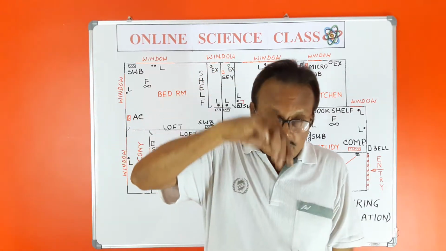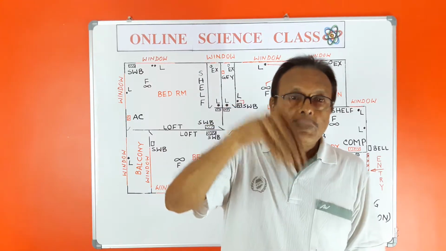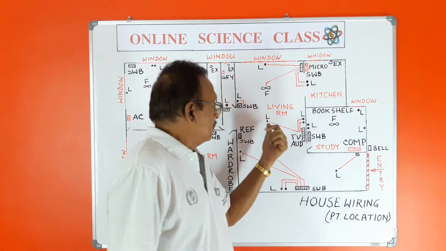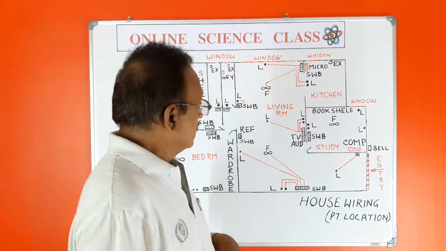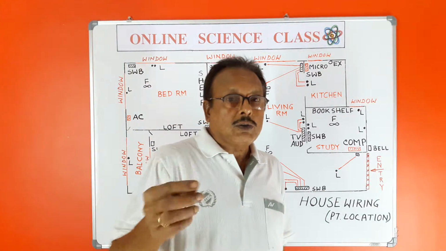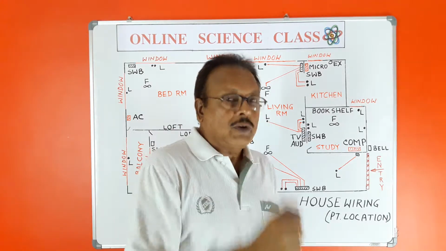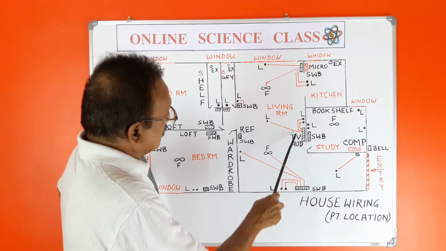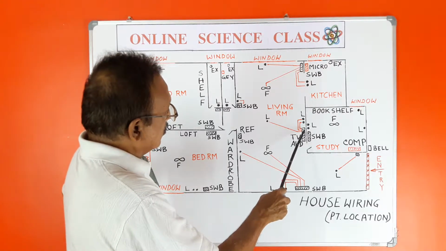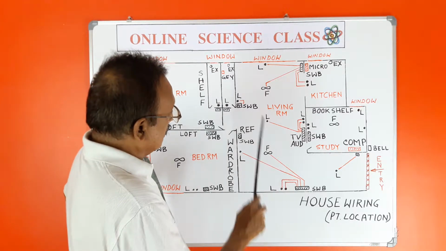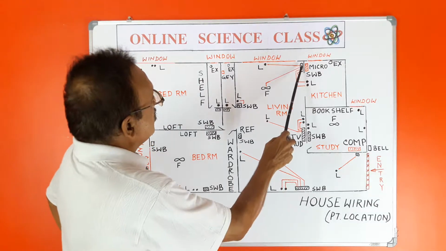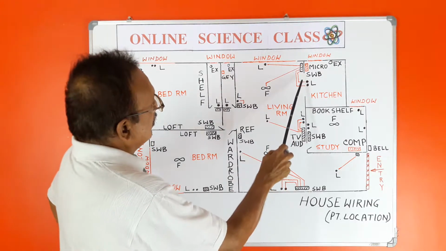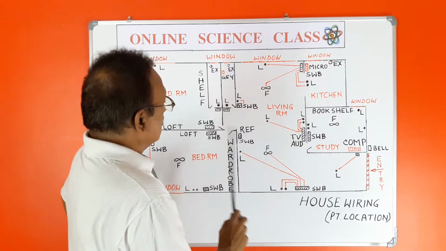Before that, you have to put some hook, like the fan hook, for fastening your decorative fittings. And your electrician also puts some wire, some conduit over there. So this is the switchboard controlling these 2 lights and this light. Here this switchboard is controlling this light, this fan, these 2 lights, etc.